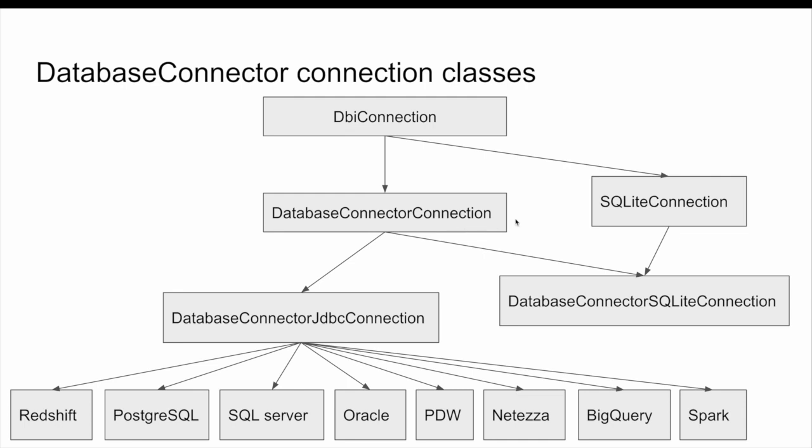But it would be nice if it also inherited from SQLite connection. So here we have a multiple inheritance situation, where we'll have a new connection class, database connector SQLite connection, that inherits from both SQLite connection and database connector connection.